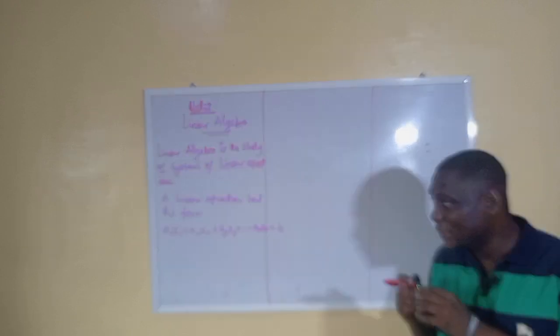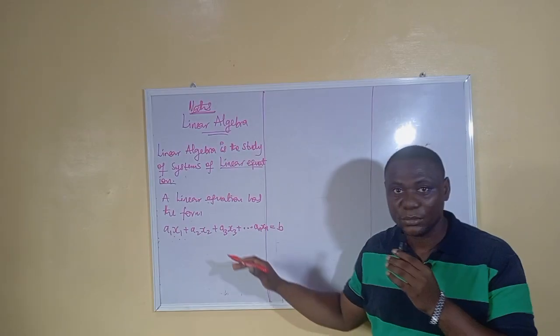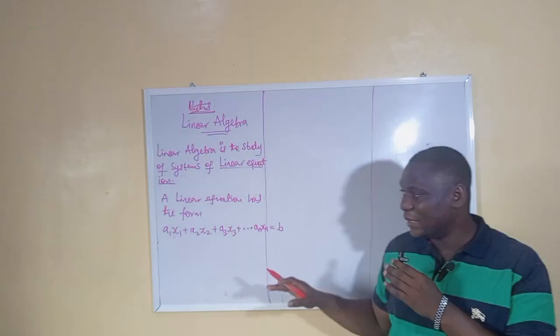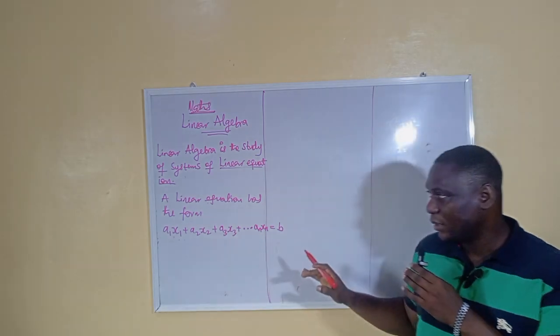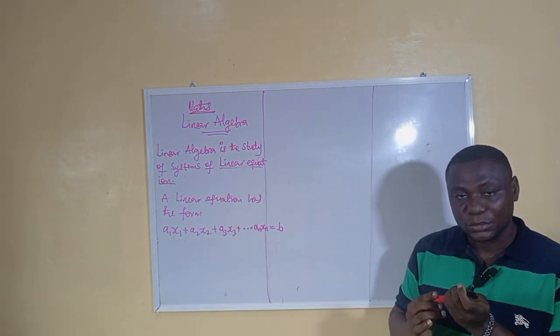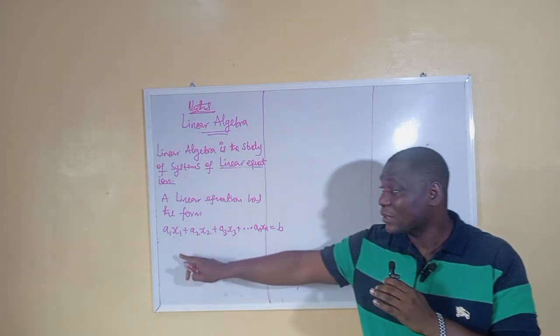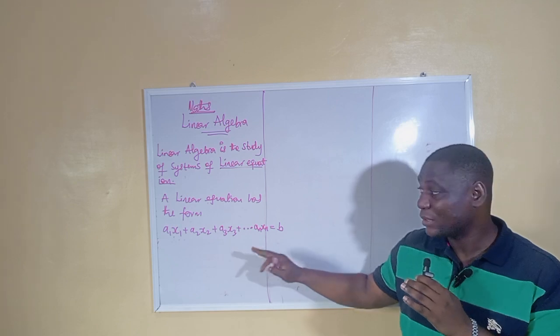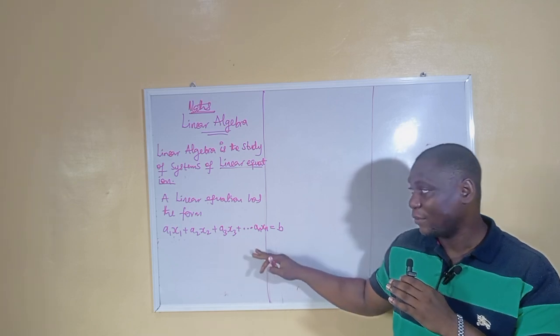So this is the definition of a linear equation. For an equation to be linear, it must take this form, it must align with this form.